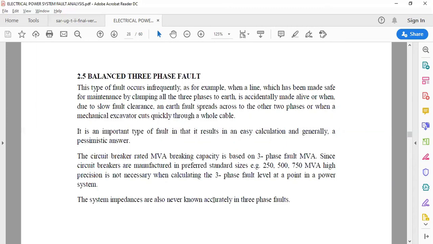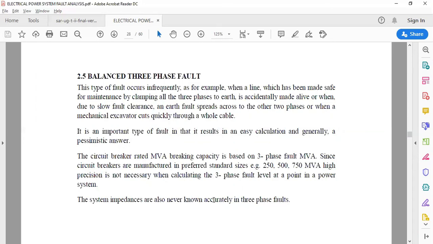But compared to unsymmetrical faults, the magnitude of fault current is very large. So as far as magnitude is concerned, balanced three-phase faults, or three-phase symmetrical faults, are very dangerous. While unsymmetrical faults are least dangerous, they occur very frequently, and balanced three-phase faults occur infrequently or very rarely.